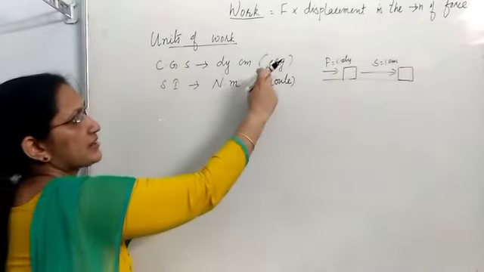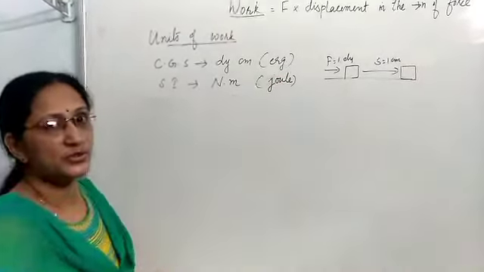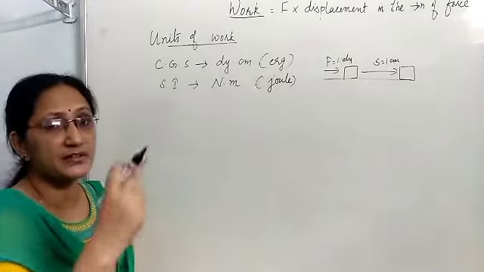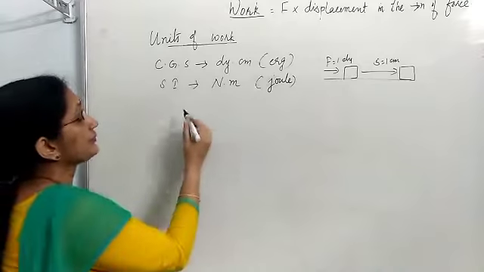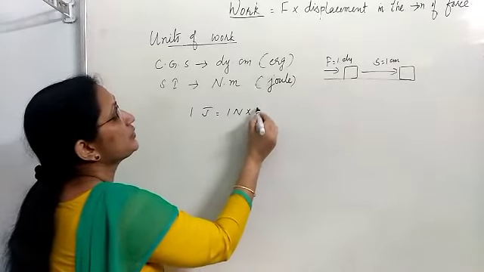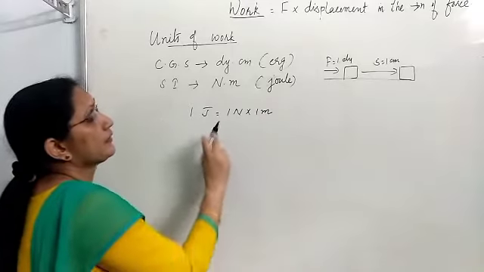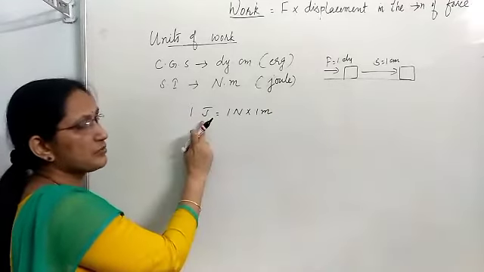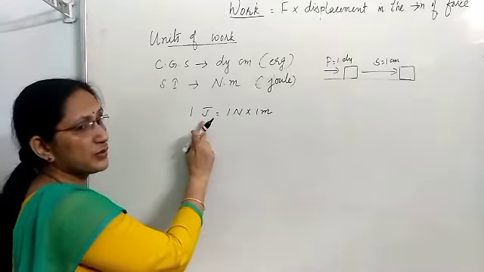Now let us see the relation between Joule and erg. How many ergs make 1 Joule? 1 Joule means 1 Newton into 1 meter. When 1 Newton force causes a displacement of 1 meter, work done is said to be 1 Joule.